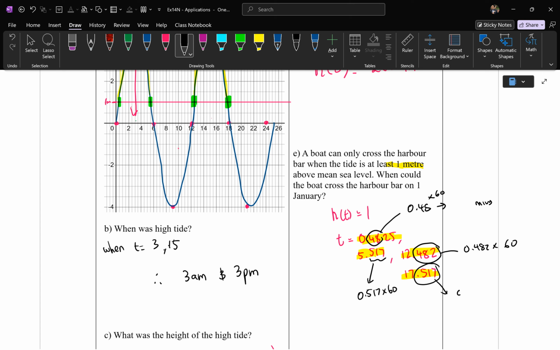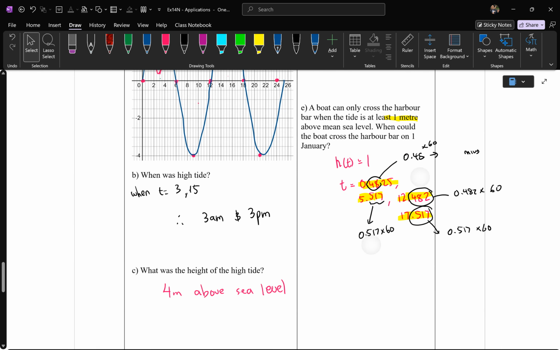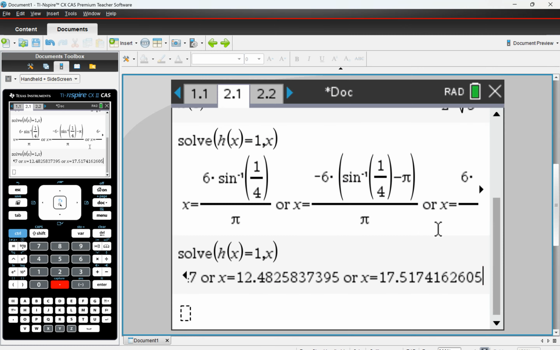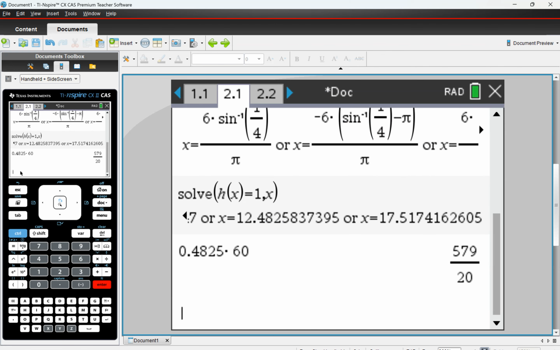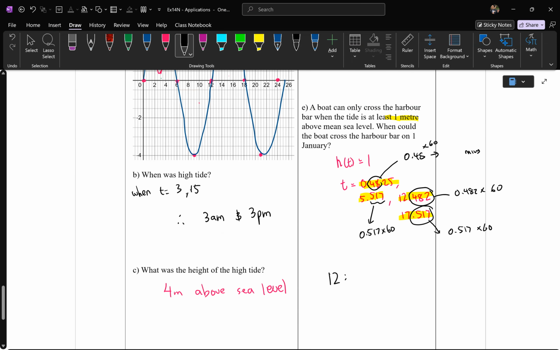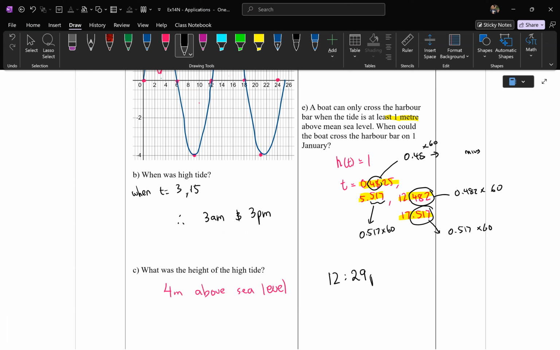Let's see what you get. So what's 0.4825 times 60? That's about 29. So rounding it off, 12:29.